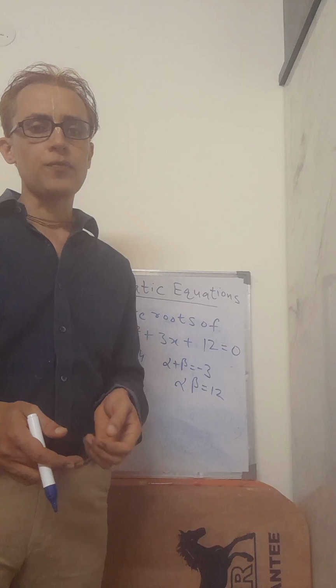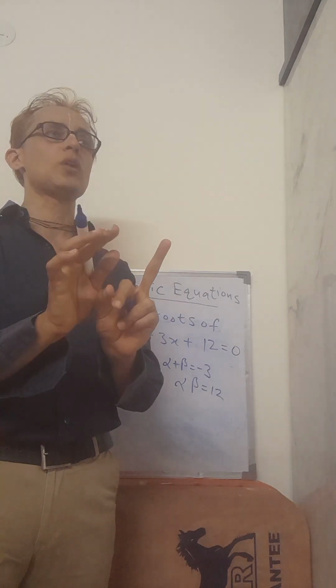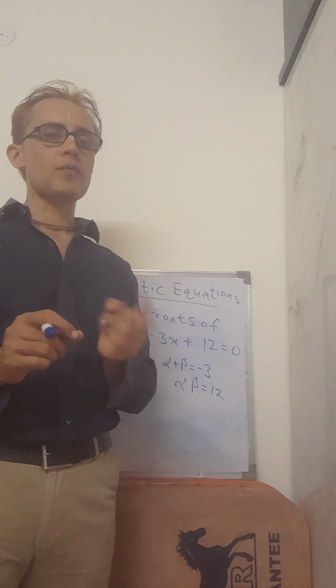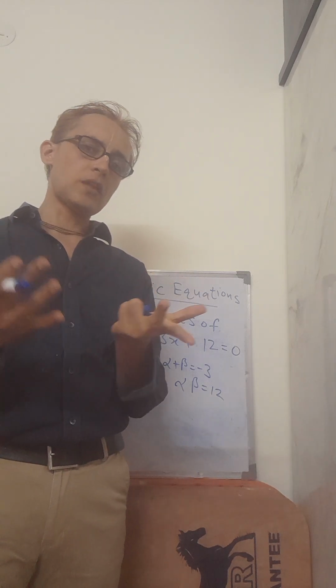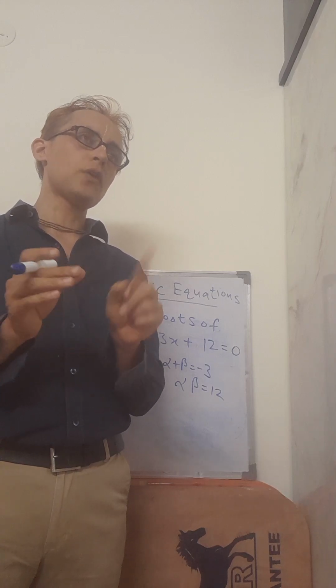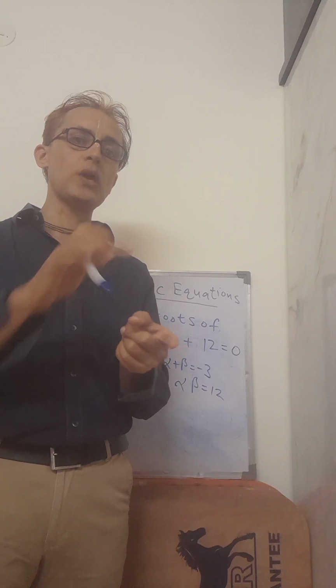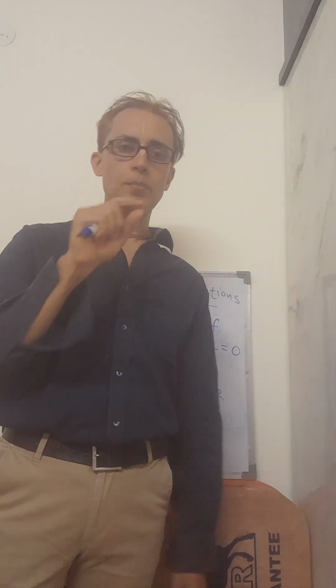Now here, alpha 4 plus beta 4. In the same formula of alpha square plus beta square, you can replace alpha with alpha square and beta with beta square. That is one of the ways. Another way is to think in which formula alpha 4 plus beta 4 comes. If you do the squaring of alpha square plus beta square, then you get a term of alpha 4 plus beta 4.